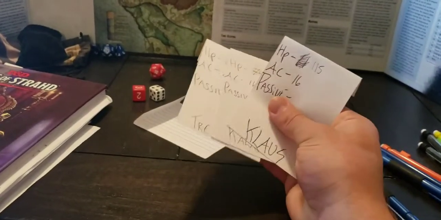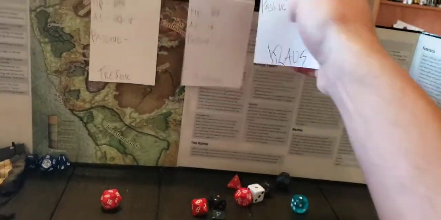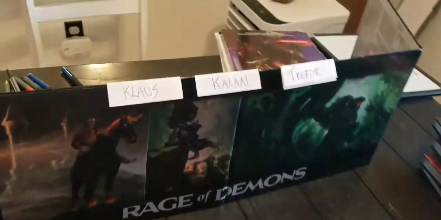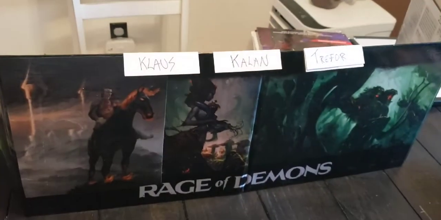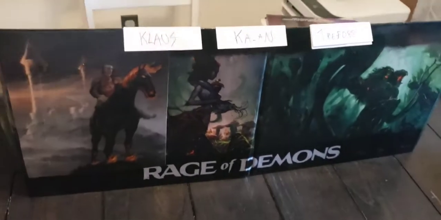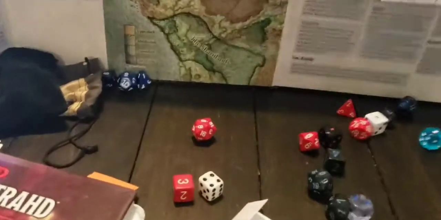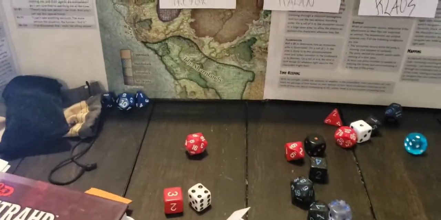I have one for each of my players, and they just sit up here while we're playing, and it tells the players from left to right how initiative is going to go. And at the beginning of a campaign it really helps everyone remember who is who, so it helps with names and stuff.